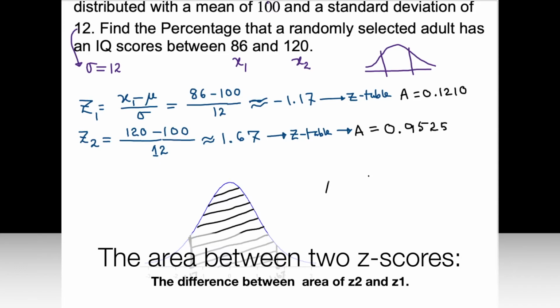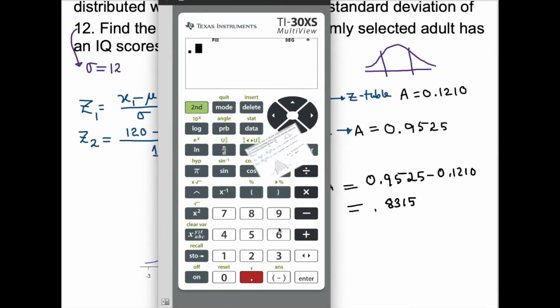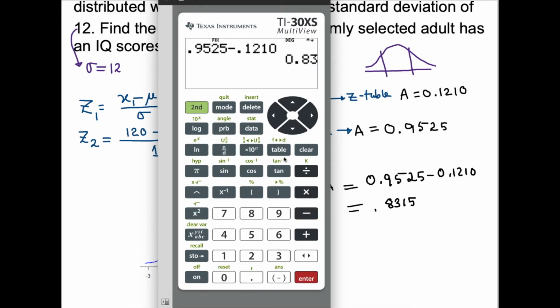So the final area is equal to 0.9525 minus 0.1210, and bingo.